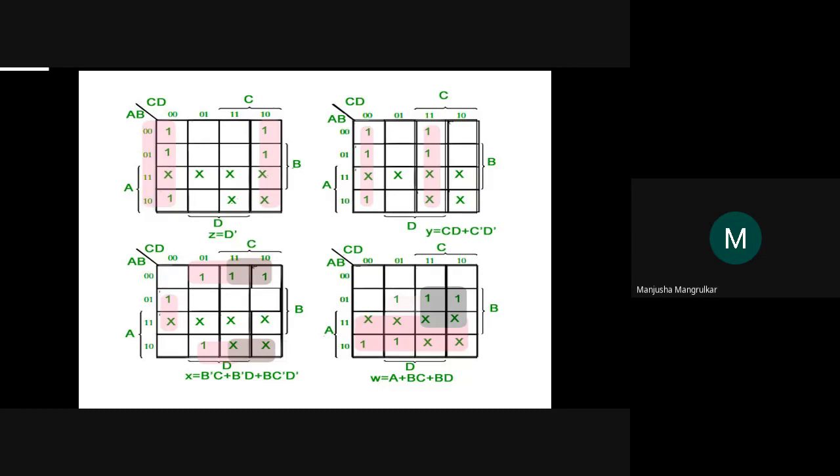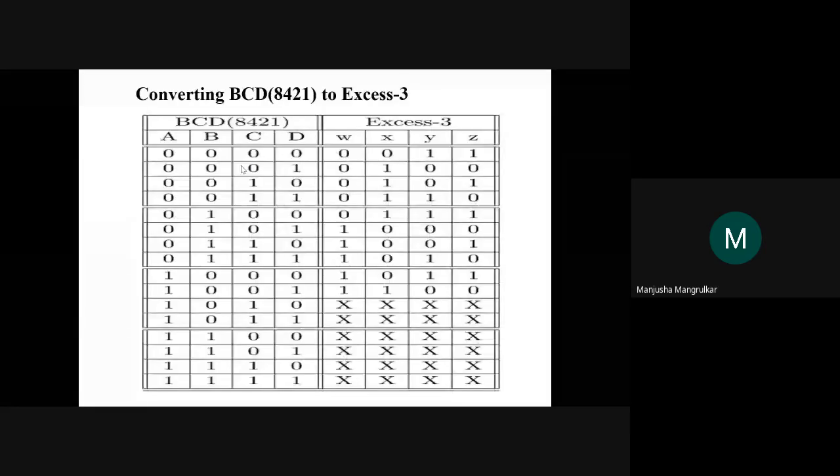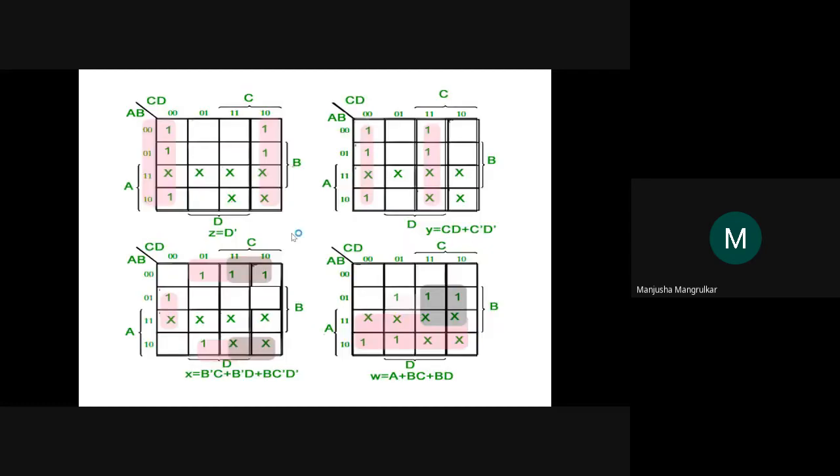So what is the data of W? We saw it in the previous slides. Now see W: it is 0 for the first several entries, and 1 will be at 0101... 1 for 0101, 1 for 0110 as well.